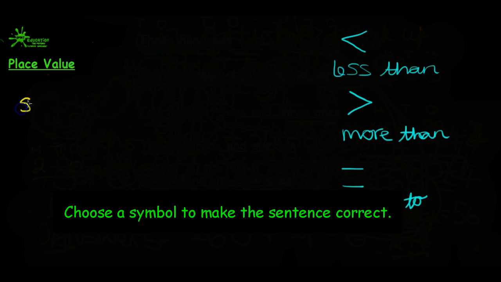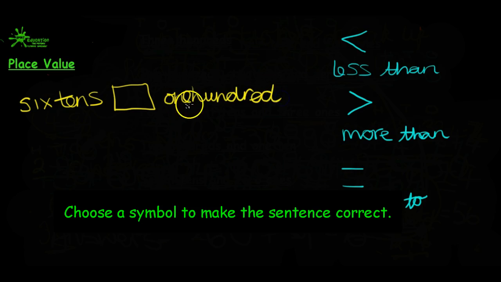The question says 6 tens. Then we have a box which you're going to add the symbol into, and then it says 100. Now they're asking you to add one of these symbols into the box.